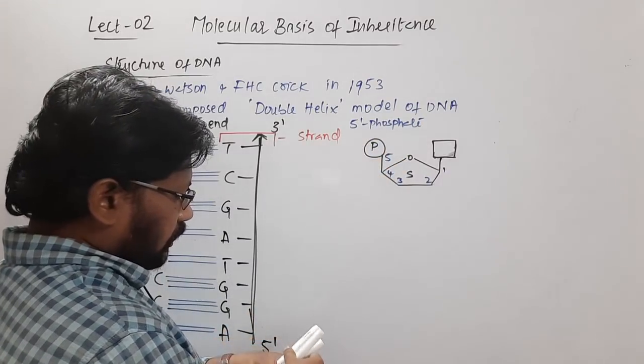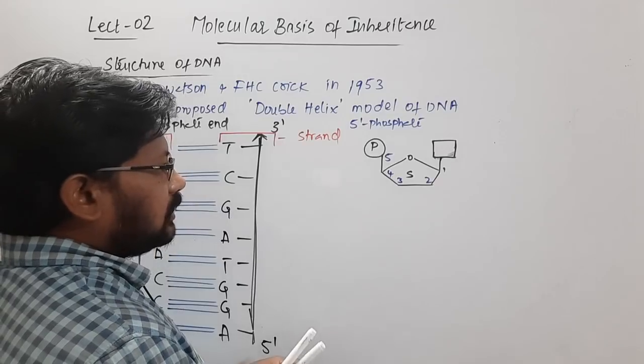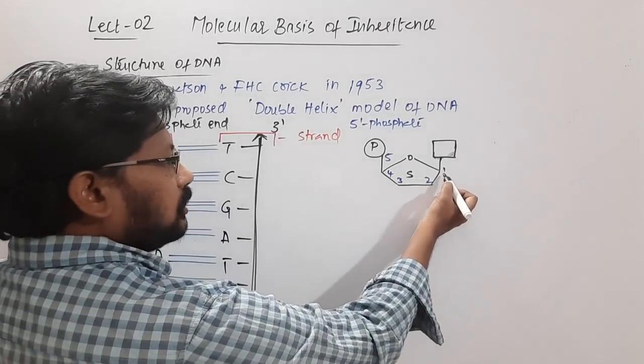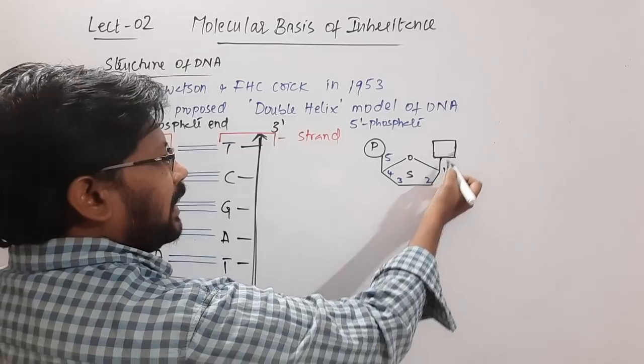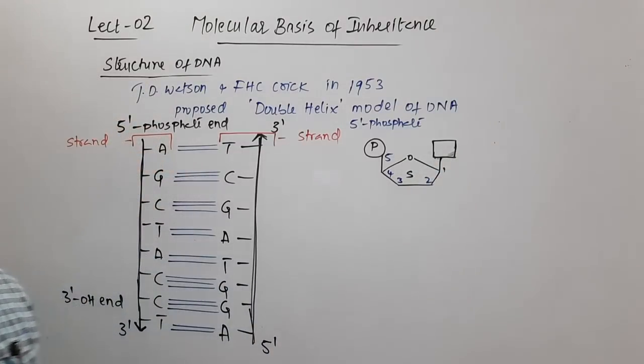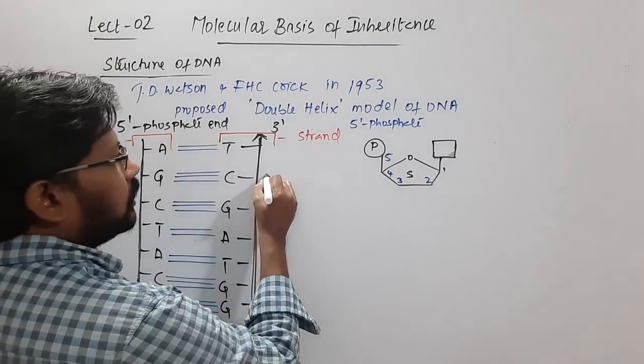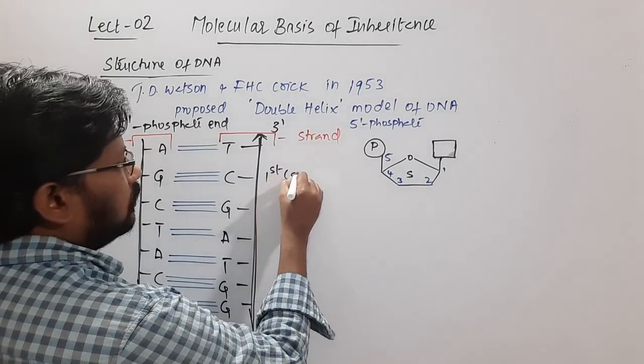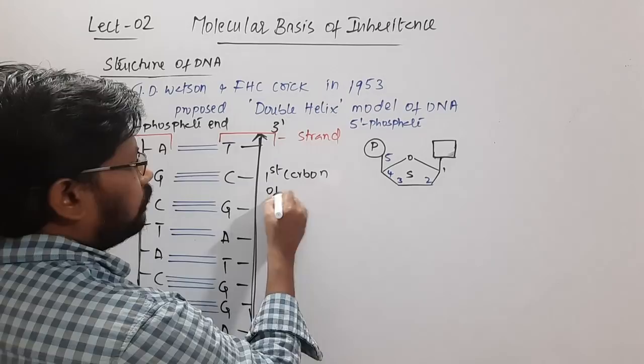Then you have to keep in mind always that the first carbon of the pentose sugar always attaches to the nitrogen base.